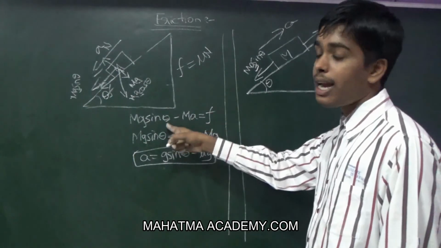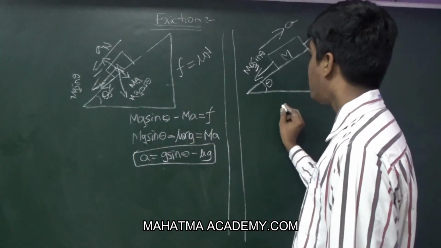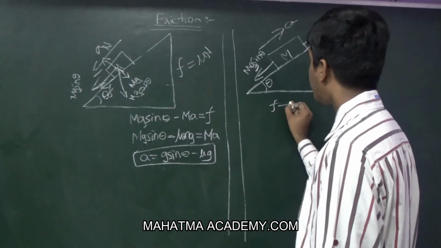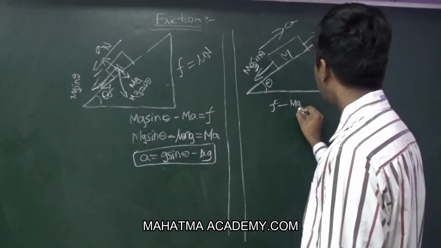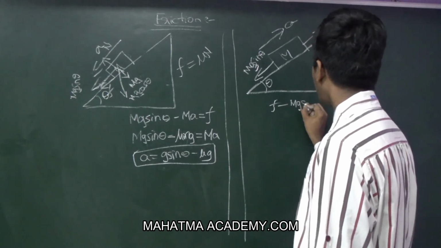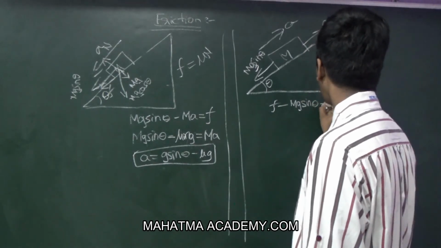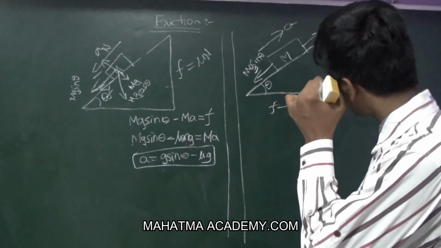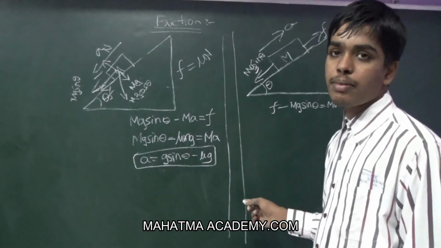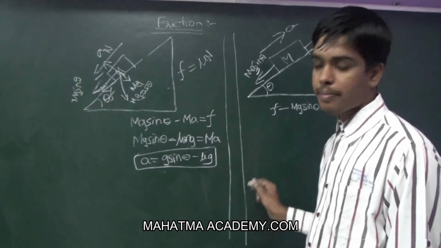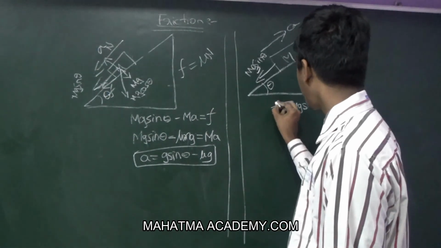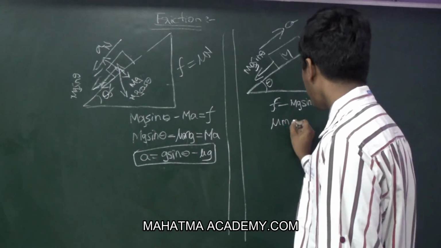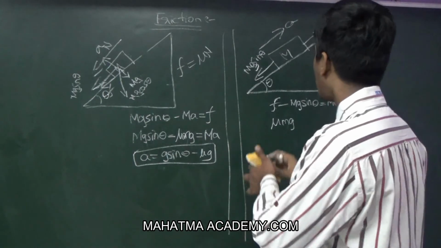If you write it like this, F minus mg sin theta minus friction is equal to ma. Friction is equal to mu mg cos theta.